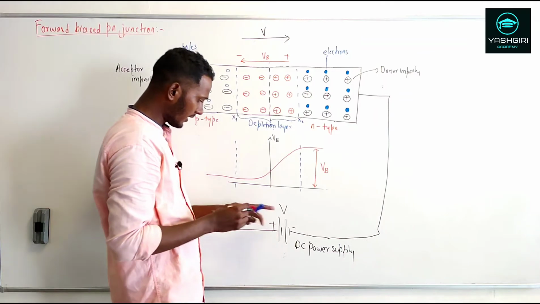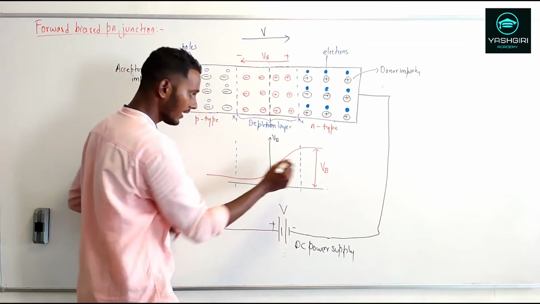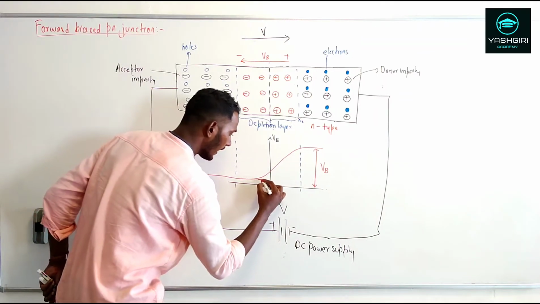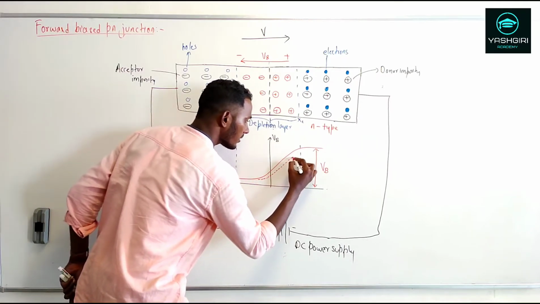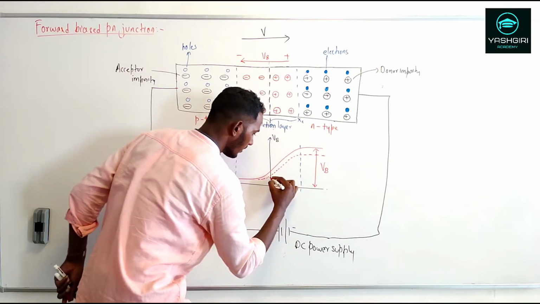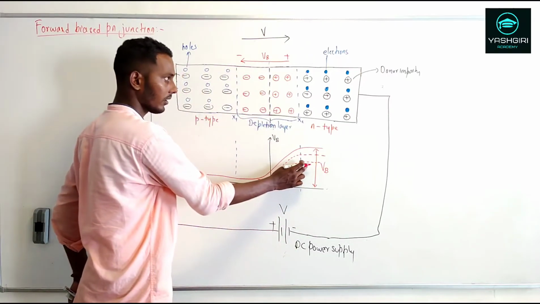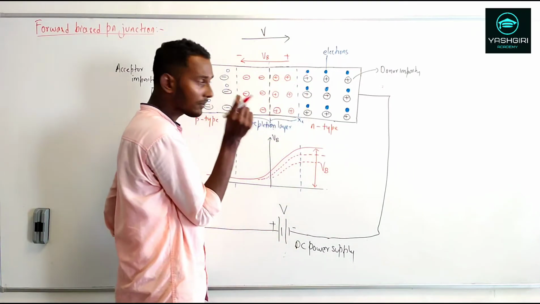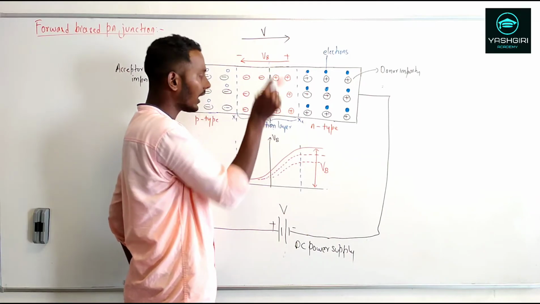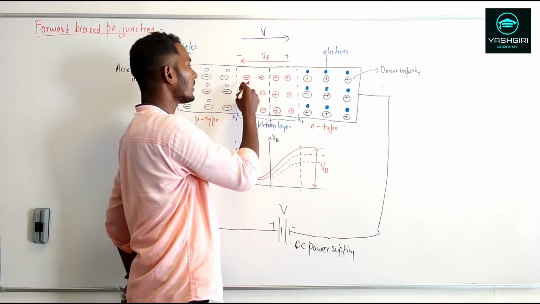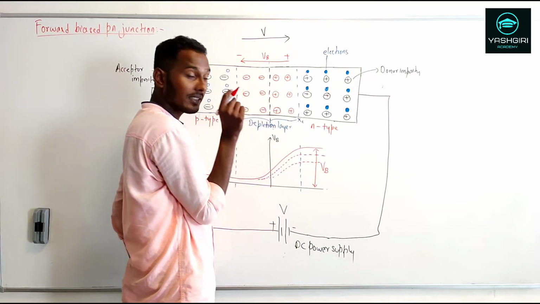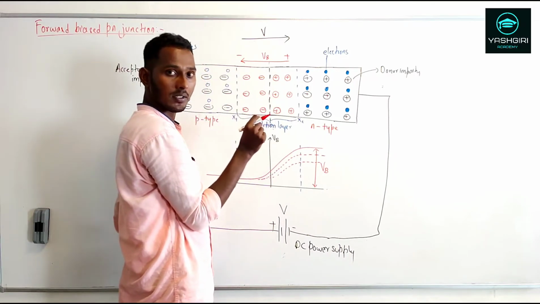As you increase this V, the barrier height decreases. Here I have shown it as a dotted line. As you increase it more, the barrier height decreases further, and a very small number of electrons in the uppermost energy level will cross the junction and create a very small current.